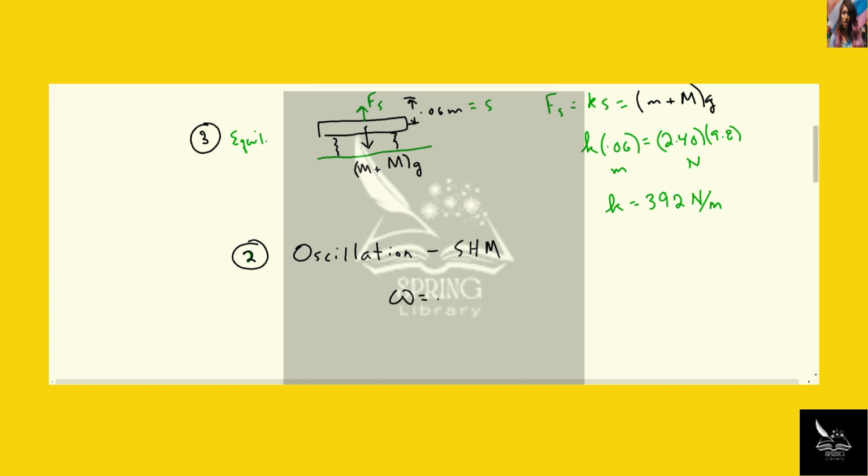Omega is essentially the square root of K over the total mass of the 2 objects together. So we can put our angular frequency into that oscillating equation. And we get roughly 12.8 rads per second.